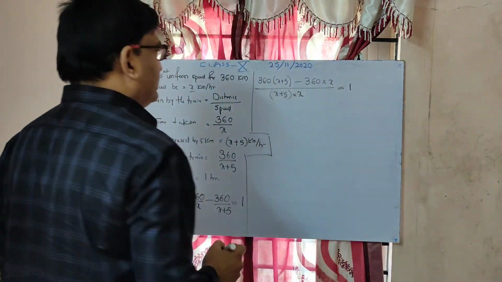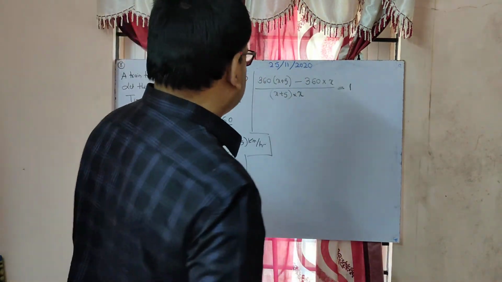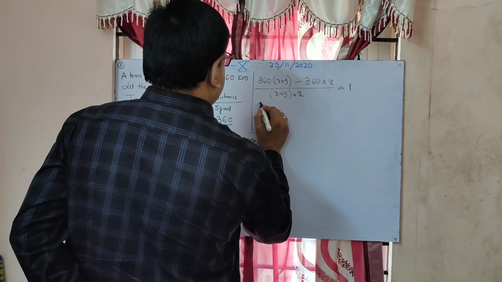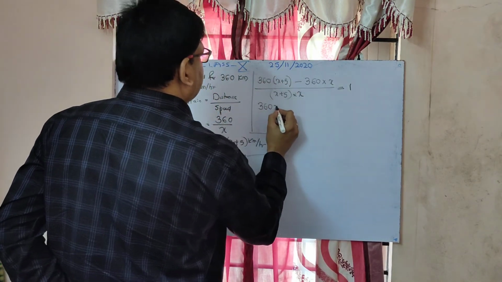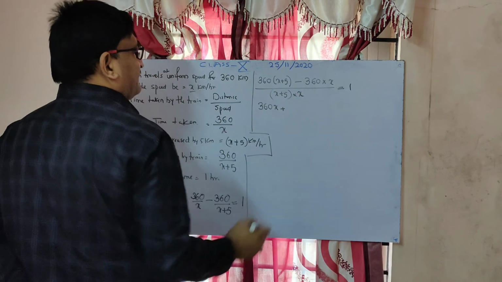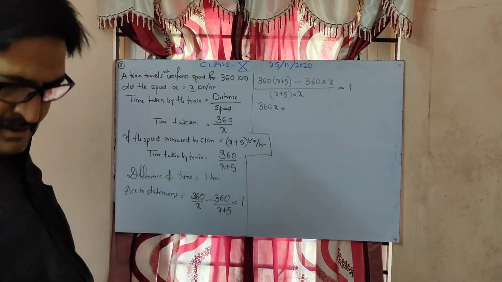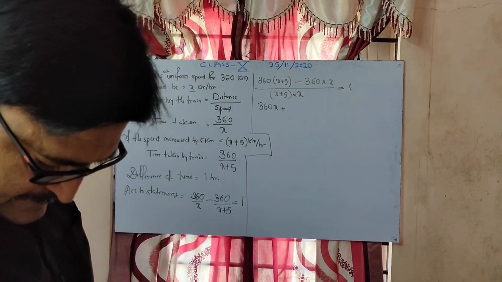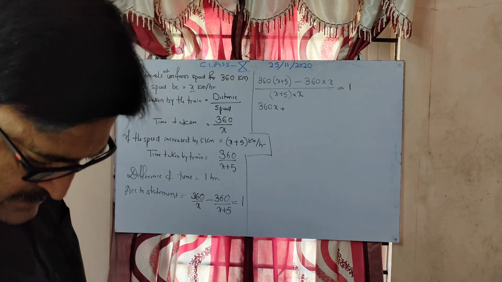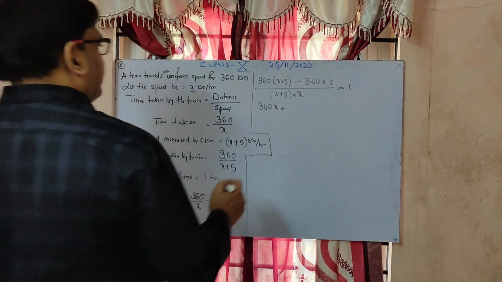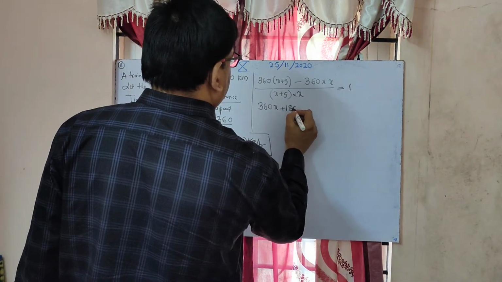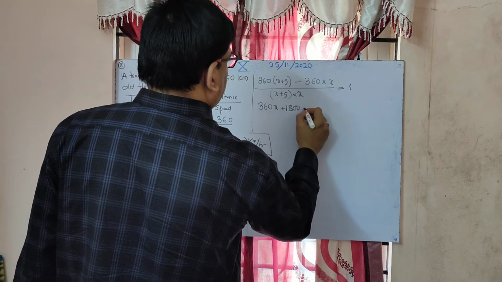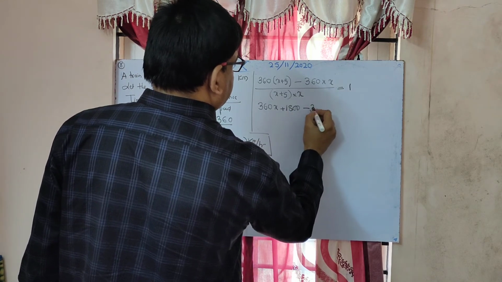Just open the bracket now. 360 into x is 360x. 360 into 5 is 1800. Minus 360 into x is 360x.